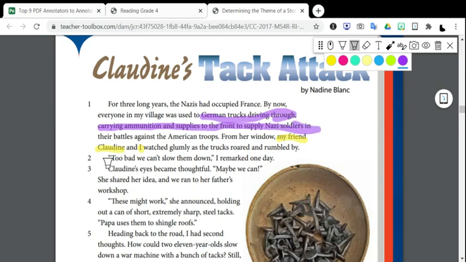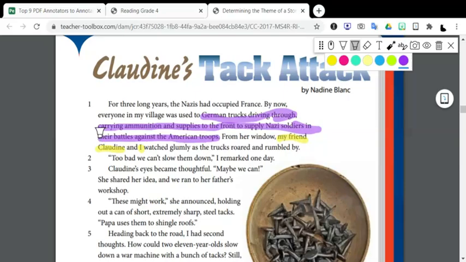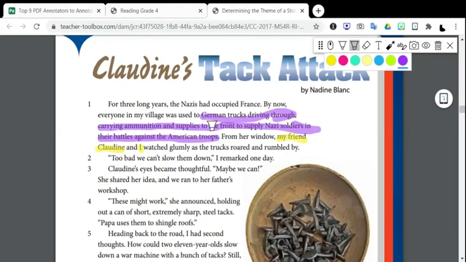All right, so what they're trying to do, the problem that I see is that German trucks are driving through a village in France, and they are carrying ammunition to Nazi soldiers at the front lines of the war. And the Nazi soldiers are fighting against American troops.